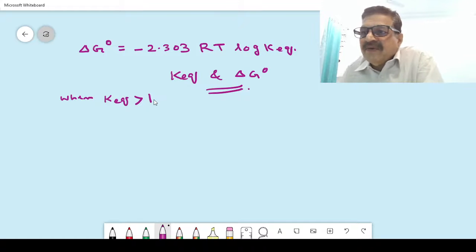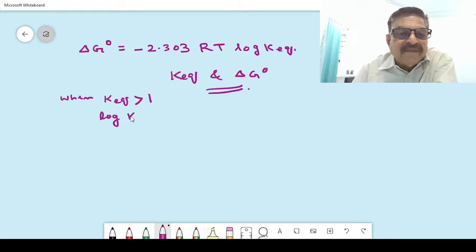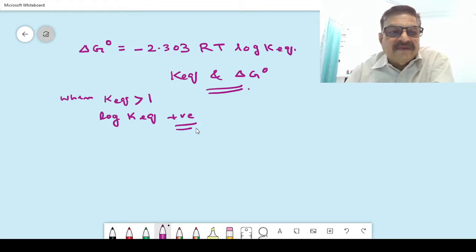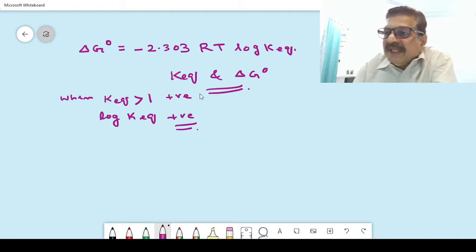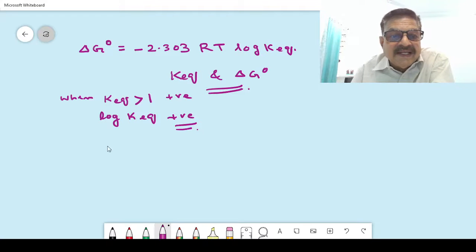KEQ is greater than 1. Log KEQ, how will it be? It will be a positive number. So when the equilibrium constant is greater than 1, log KEQ is a positive number. Simple thing. Therefore, delta G will be negative.